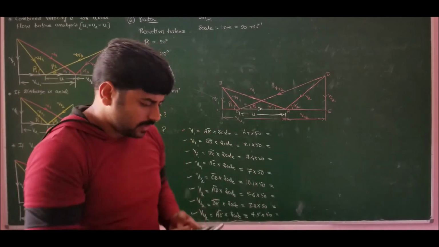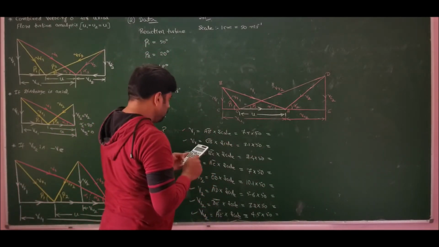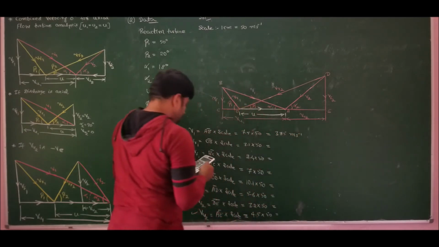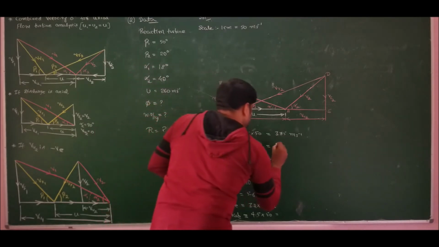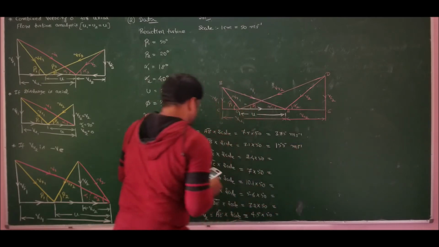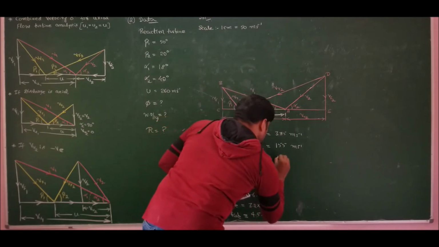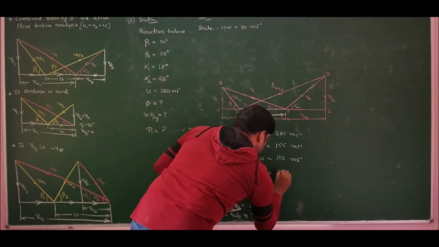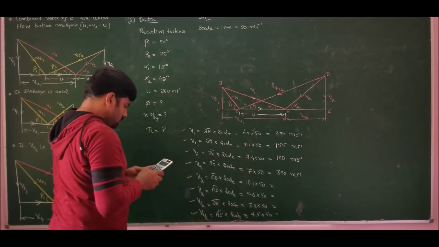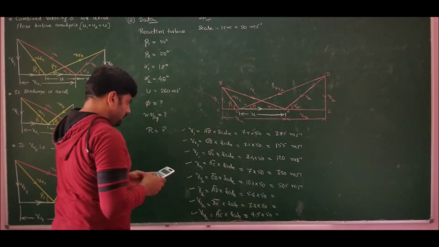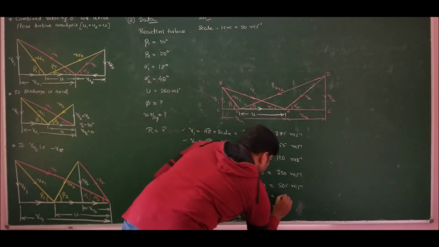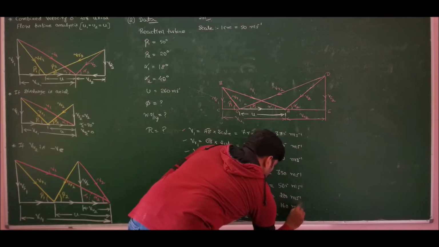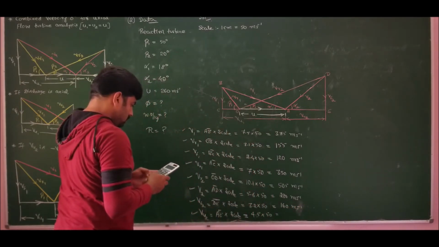So if we solve, we are getting the numerical values as V1 is equal to 375 meters per second, VR1 is equal to 155 meters per second, VF1 is equal to 120 meters per second, VU1 is equal to 350 meters per second, VR2 is equal to 505 meters per second, V2 is equal to 280 meters per second, VF2 is equal to 160 meters per second, and VU2 is equal to 225 meters per second.